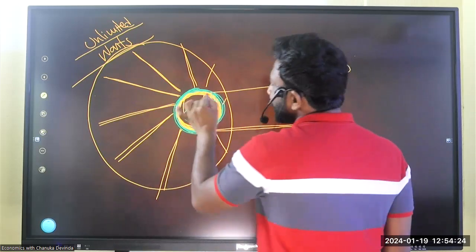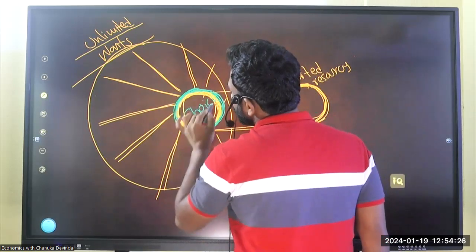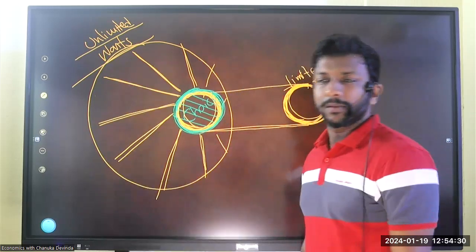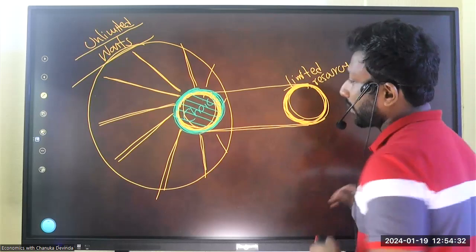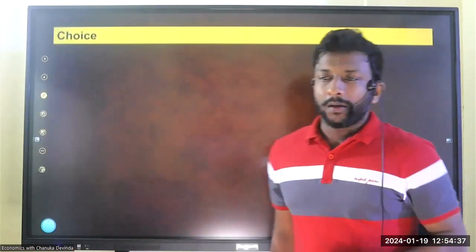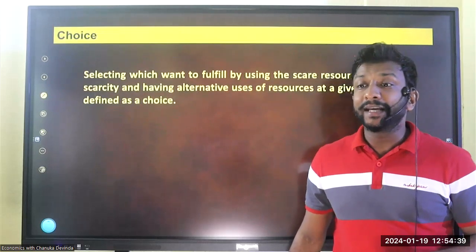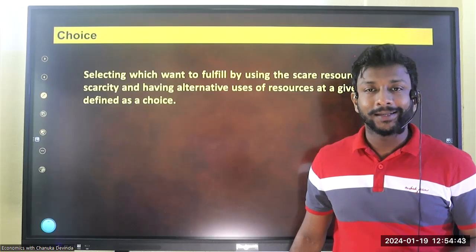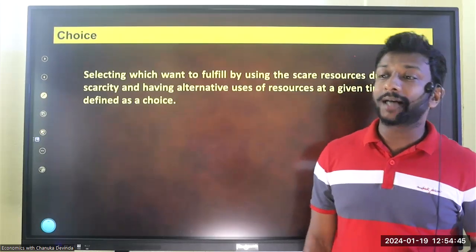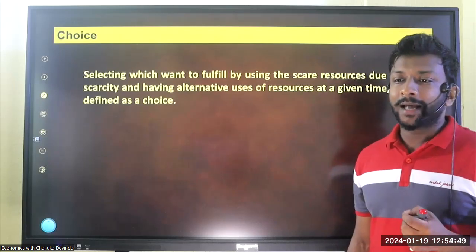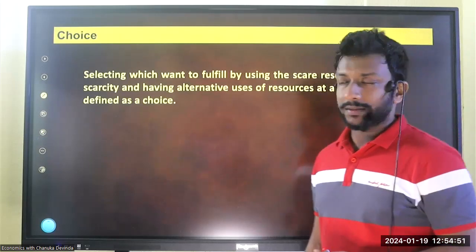That would be the choice, right? Choice is selecting which want to fulfill by using scarce resources, due to scarcity and having alternative uses.